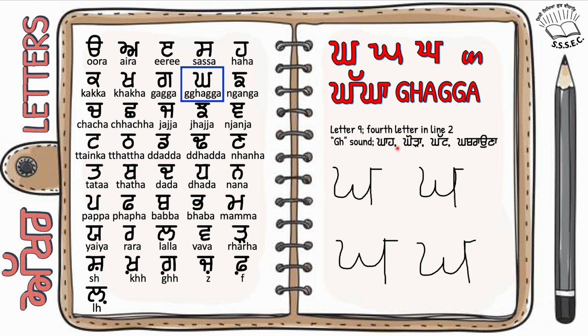Ga is grass. Goda is a horse. Kart means fewer, less. Kart means very little, for example, in terms of quantity. And gabrana, it's a bit of a longer word. Gabrana means to be afraid, to be frightened. So this is the letter Kaga.